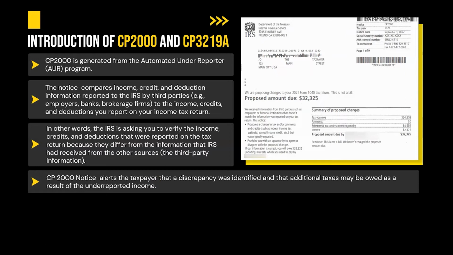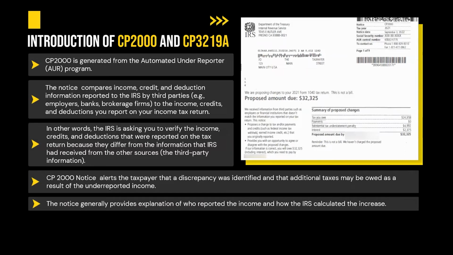Now, a CP2000 notice also alerts you, the taxpayer, that there are some differences or discrepancies which were identified, and that additional taxes may be owed as a result of you underreporting your income. The notice generally provides an explanation of who reported the income and how the IRS calculated the income increase and the tax increase.